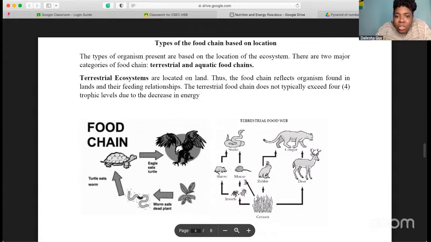And we see the inter-eating going on here. So the grass is eaten by the deer, the rabbit, look at the arrows, the mouse, the insects, right? You see that the insects eat the grass and then the mouse eats the insects, but the mouse also eats the grass straight. So you see where it has multiple feeders, right?